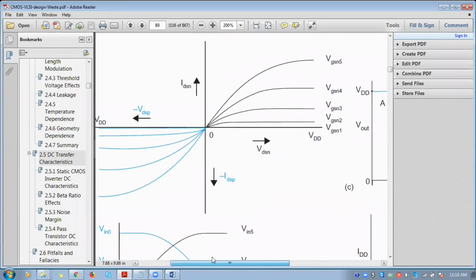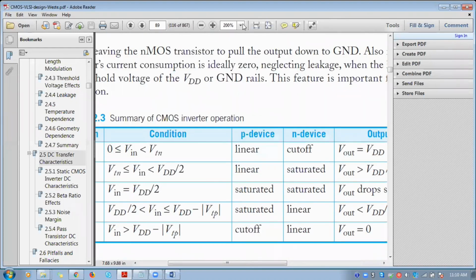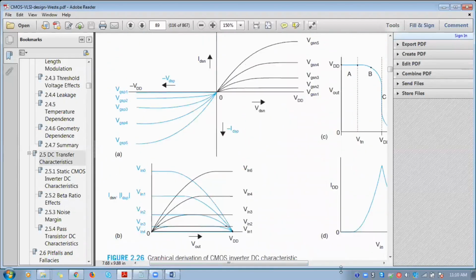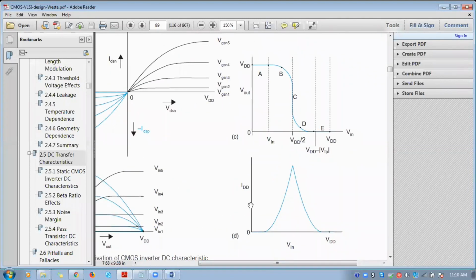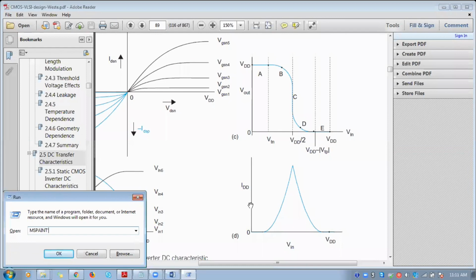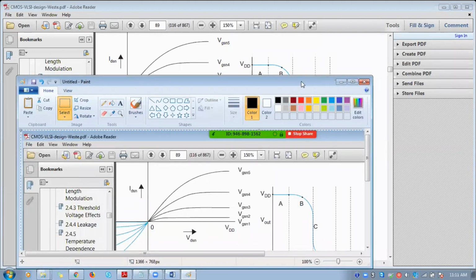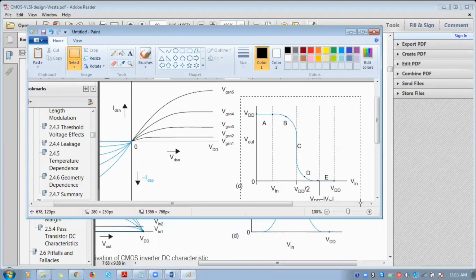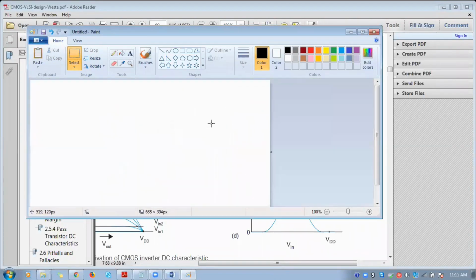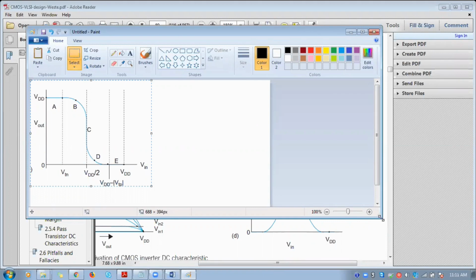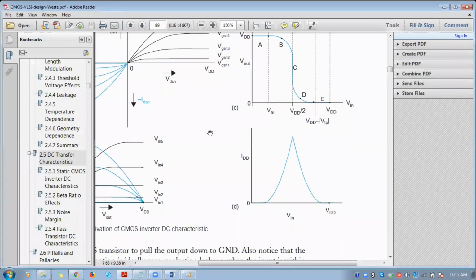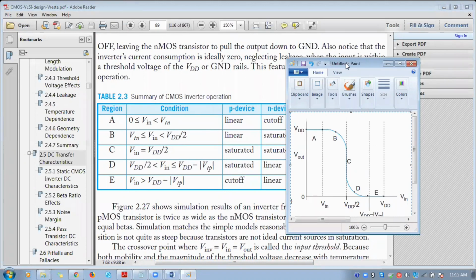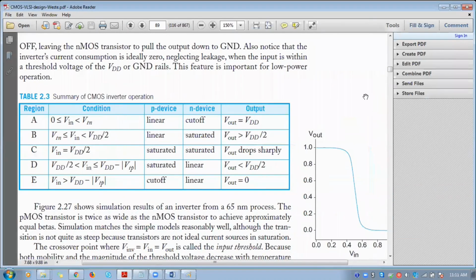If you see this table, we are going to compare the operating points as well as the table now.